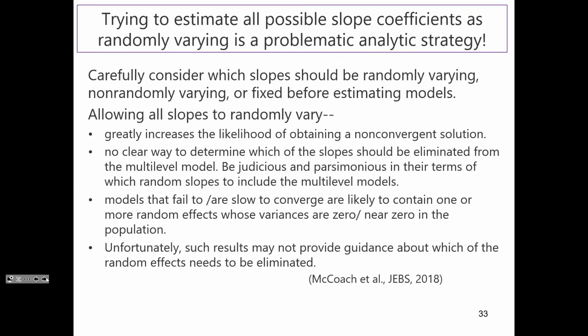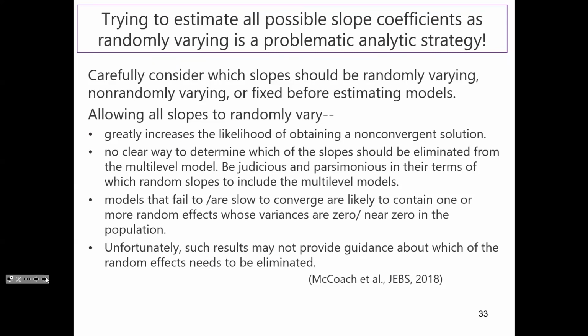Now you're trying to estimate this really complicated tau matrix, so that's difficult, right? But it's made even more difficult if one of those variances is really 0 in the population, because that makes the problem even harder.